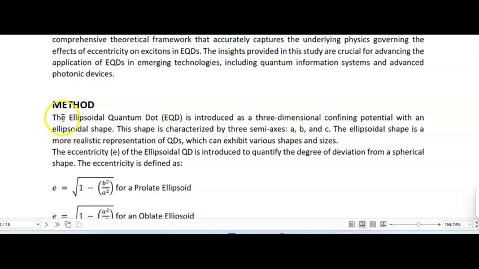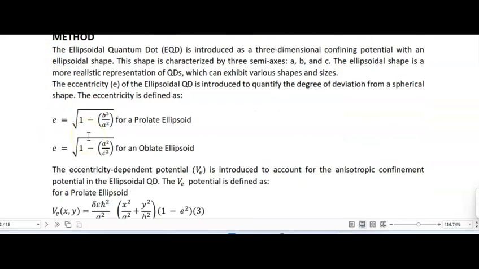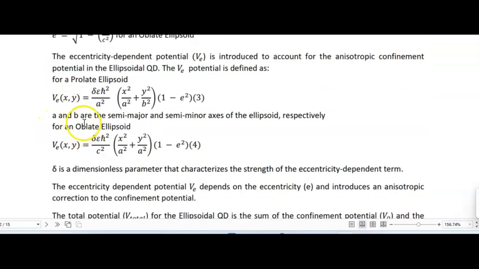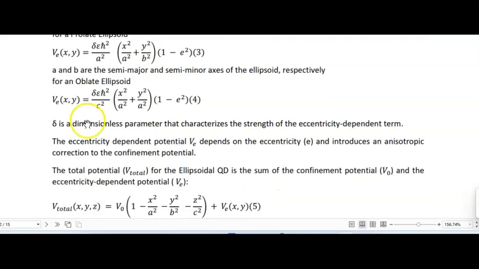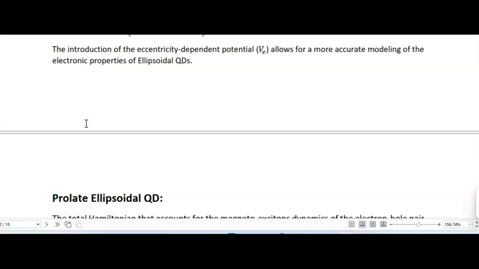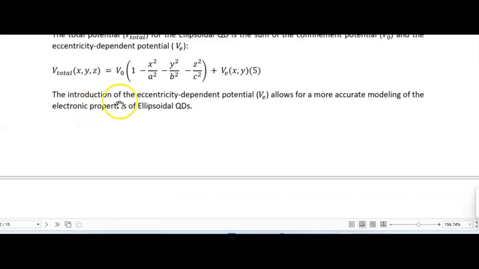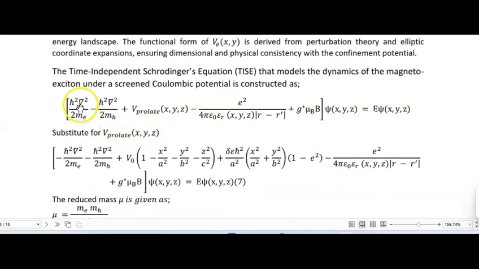And in the first part of this section, you see a description of the system. Following that, you find some equations that are going to be used to model the system and the assumptions made. And of course, you're going to find the introduction of the Schrödinger's equation that effectively models the system.